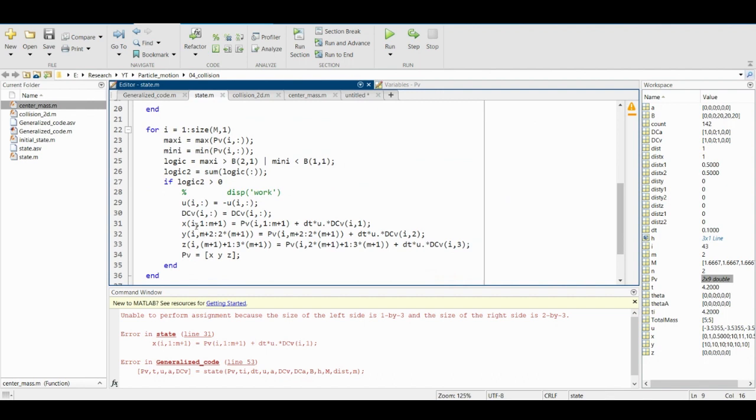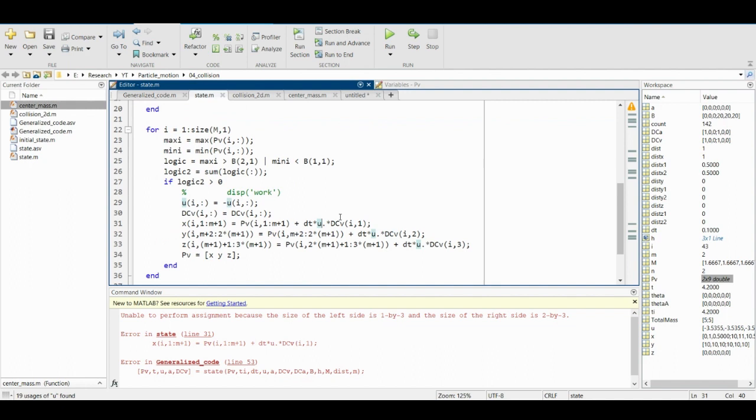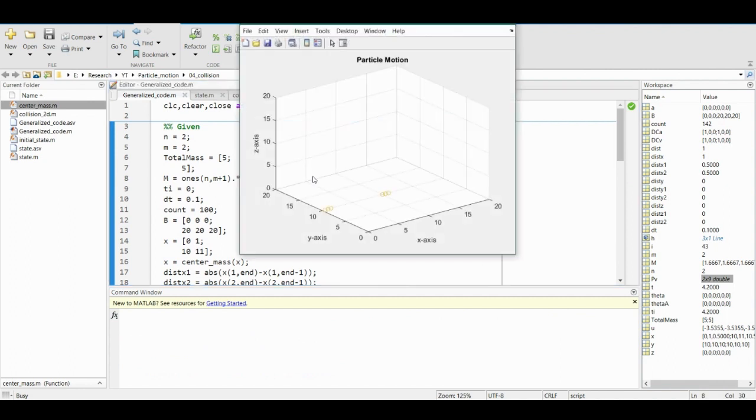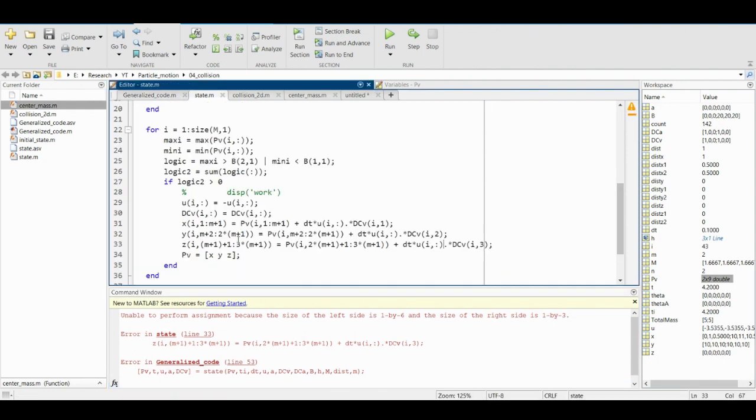Where did it go? So where is this 2 coming from? Maybe this thing is. I should have changed it here. Yep, I have changed it here, not here. Let's run it. If error is there, again it will show 1 by 6 and size of right side is 1 by 3.